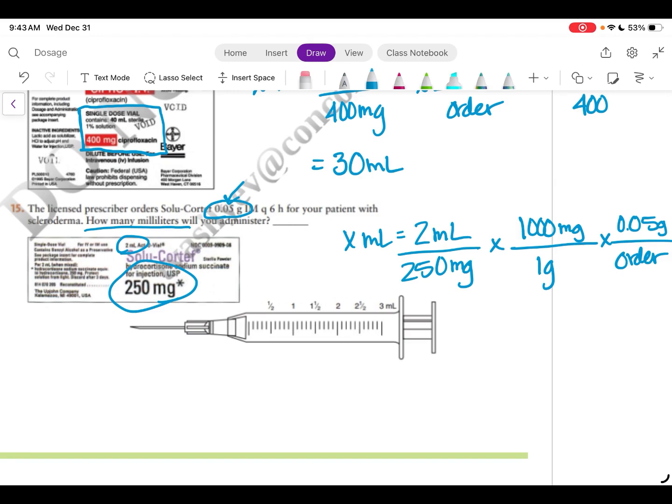So this becomes 2 times 1,000 times 0.05, and then all of that will divide into 250. Let's see what that is. All right, so my final answer is 0.4 milliliters.